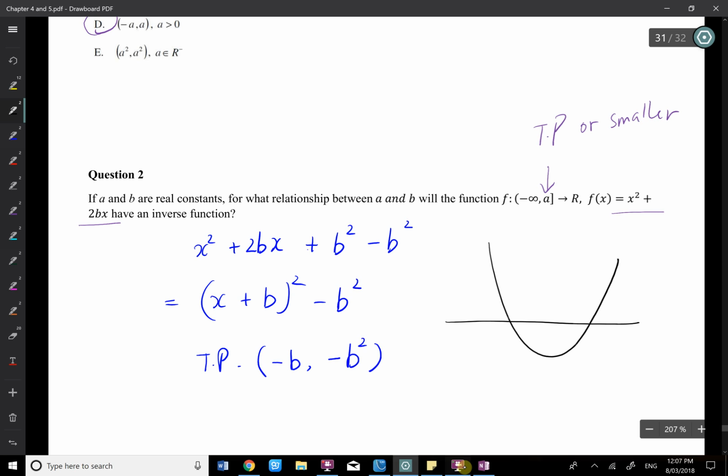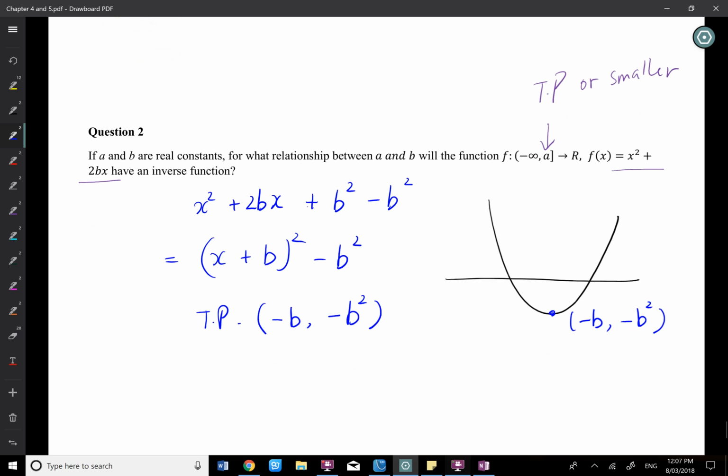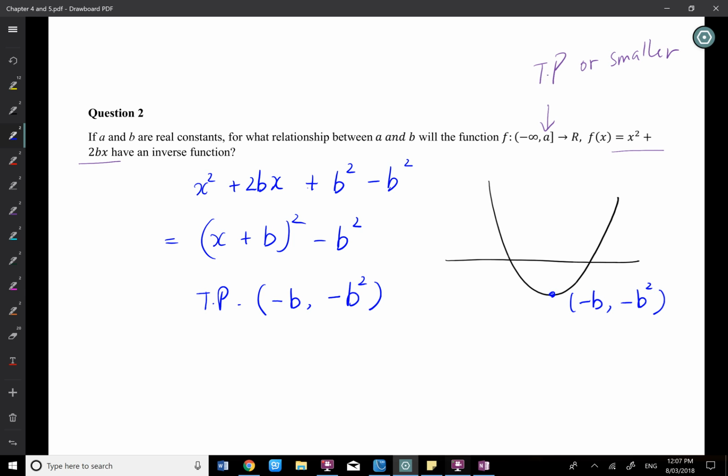Well, I have a graph like this. This point will be negative b squared. It definitely will go below the x-axis because negative b squared is a negative number. But I can't tell whether minus b is a positive or negative number. I don't know whether b is positive or negative. But anyway, that doesn't matter.